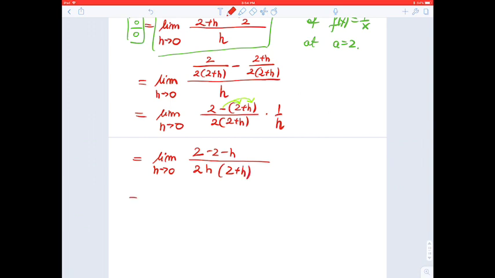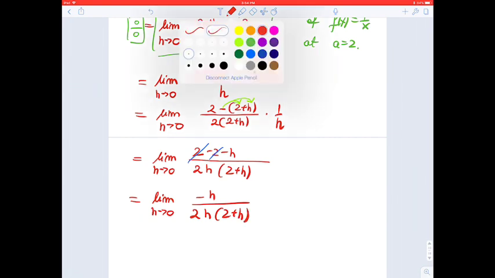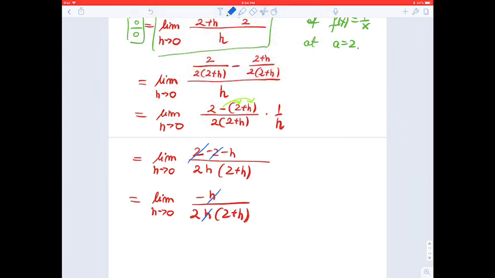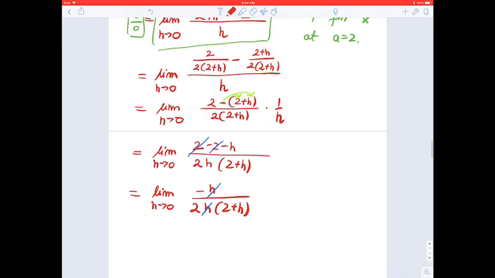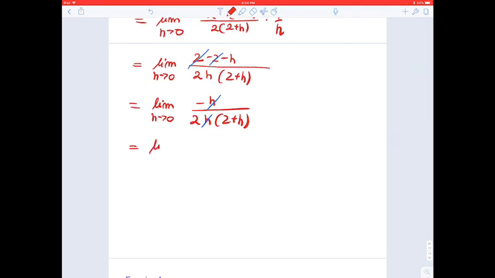I can switch the order. 2 times 3 is the same as 3 times 2. Some cancellations. This is gone. Excellent. Negative h over 2h times 2 plus h. Now we can all see h and h gone. Limit as h goes to 0 of negative 1 over 2 times 2 plus h.